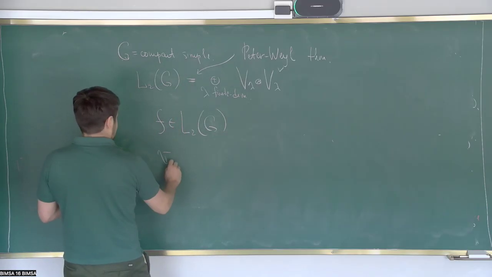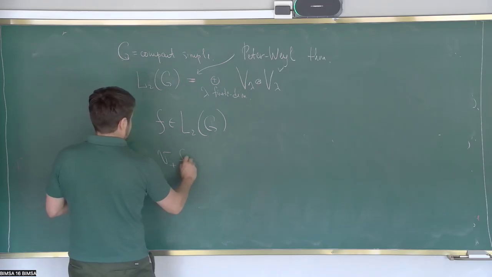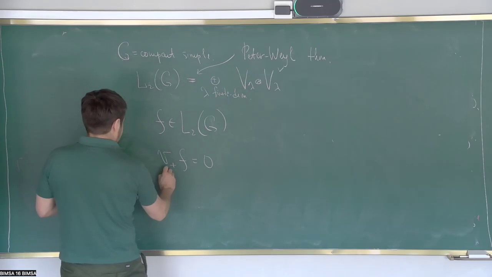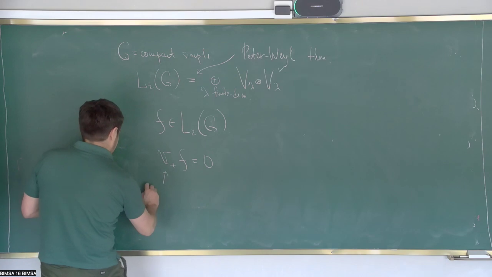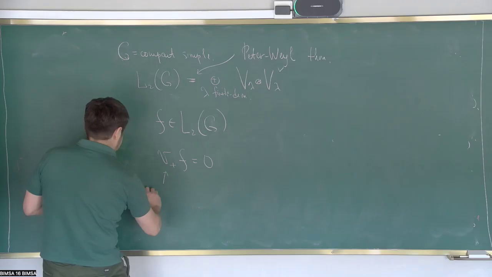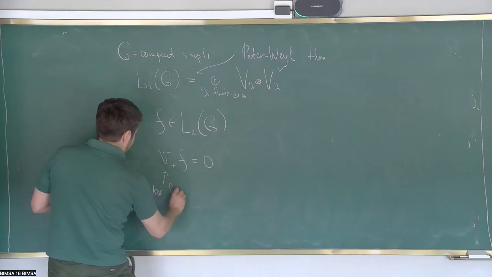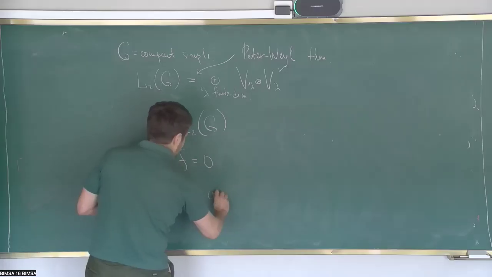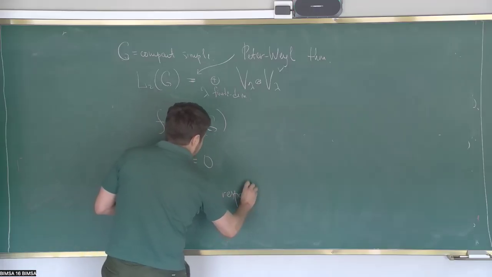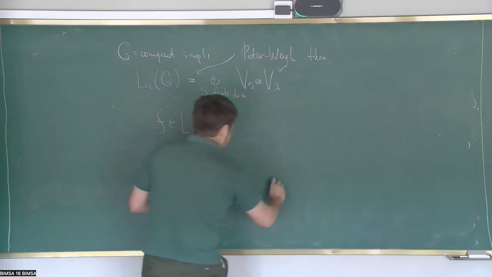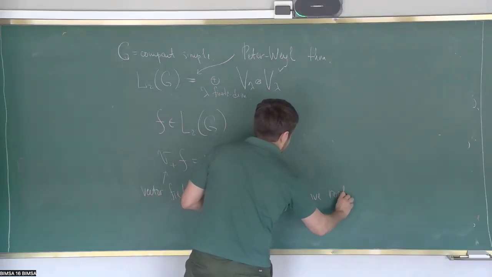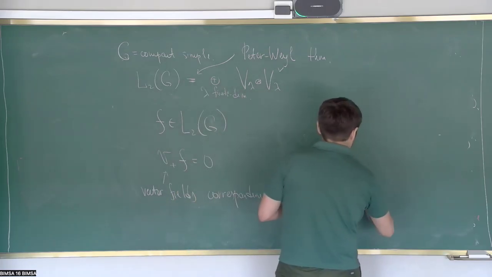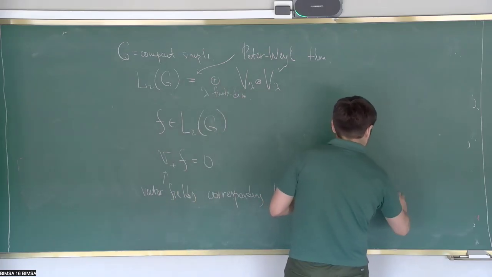So V plus F equals 0, where V plus are all positive roots, vector fields of the right action.